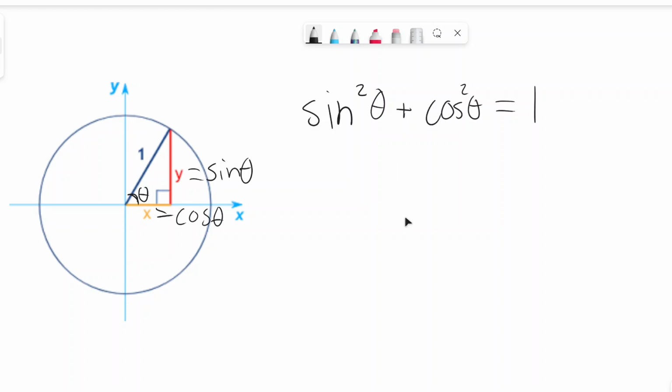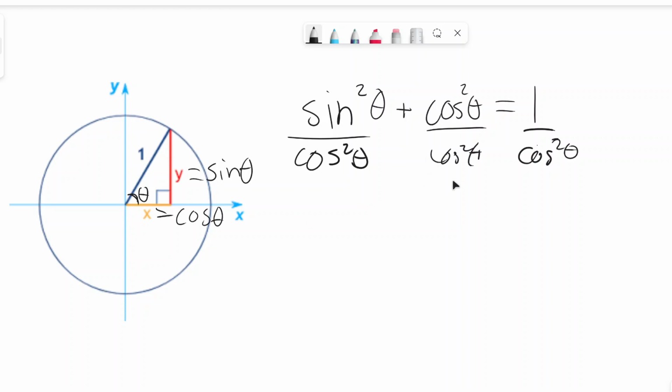For example, if we were to divide everything here by cosine squared theta, then you'd see that we can actually simplify this into a new thing. We can simplify it into this. You should know that tangent is the same thing as sine over cosine, aka opposite over adjacent.